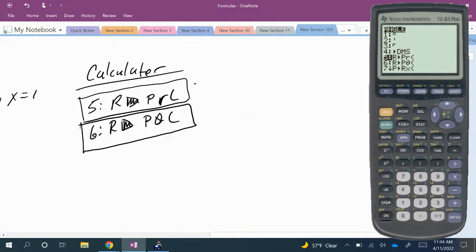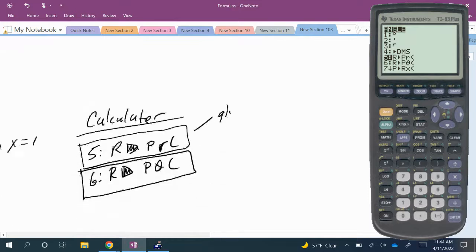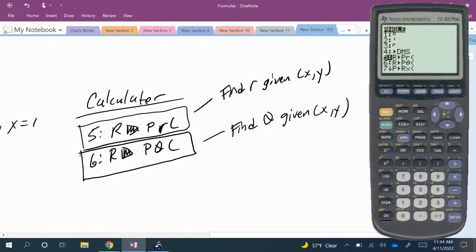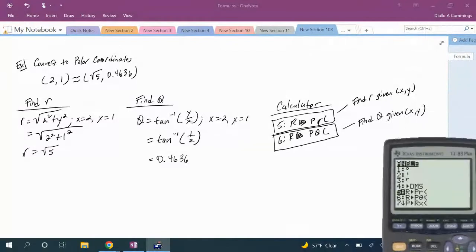So with 5, we can find r given x and y, and with the 6 function, we can find theta given an x and a y. I'll give you a second to write that down, and then we're going to use the calculator to check.